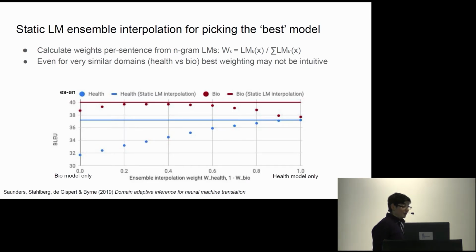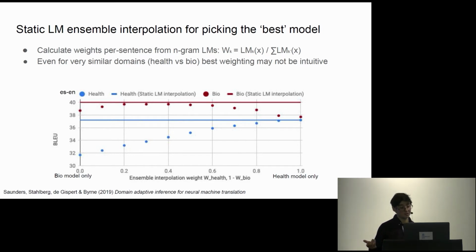So we found these interpolation weights from our n-gram language models, and we compared the scores, if we used that weight for each on a per sentence basis, to a kind of grid search interpolation weight between, this time, a biomedical model and a health model. These are very similar domains, but even in this case, the best weighting isn't necessarily intuitive.